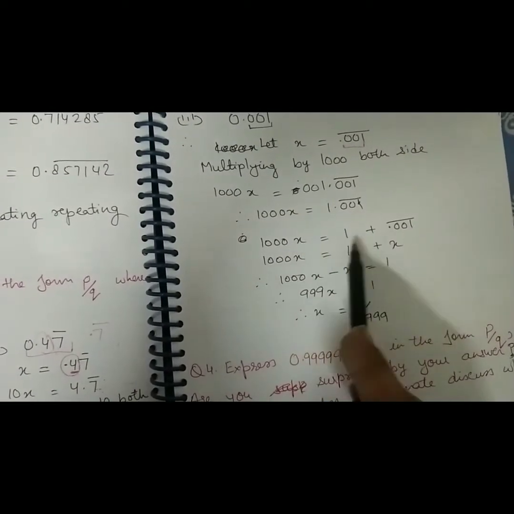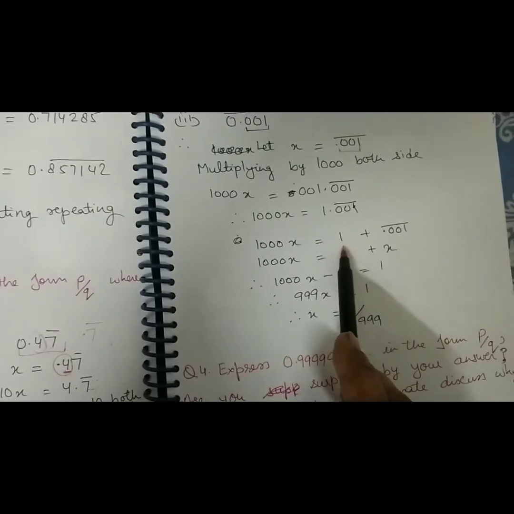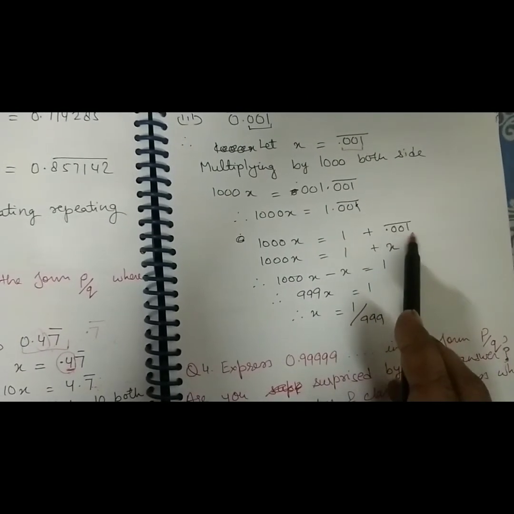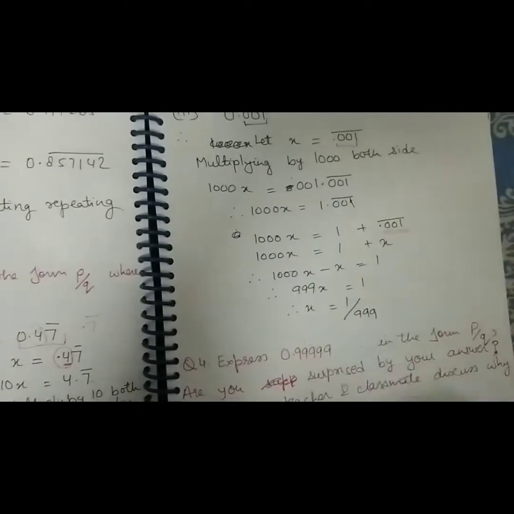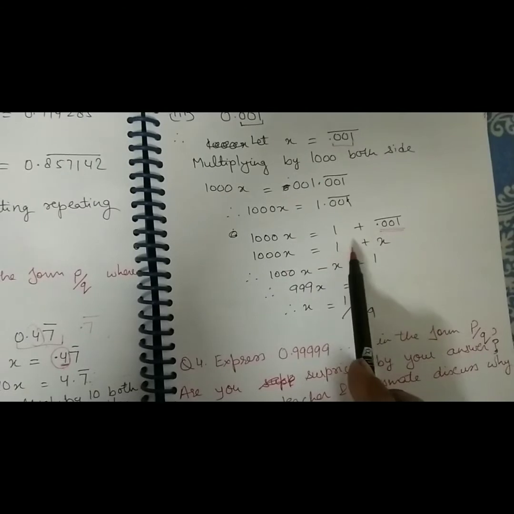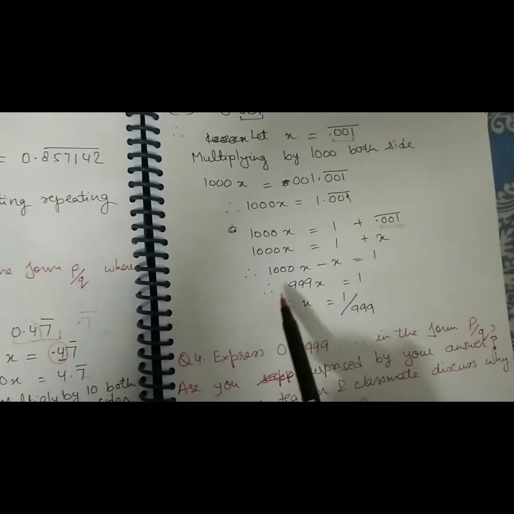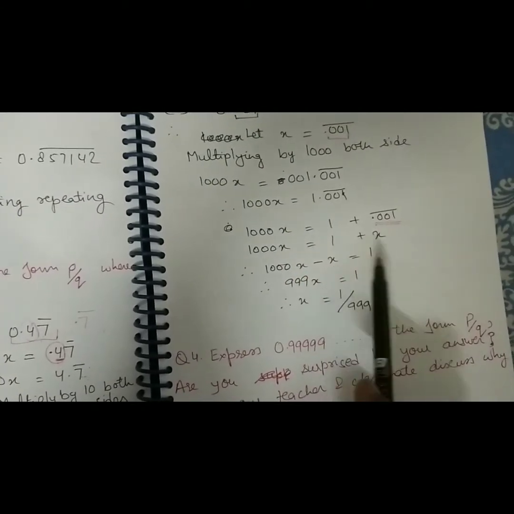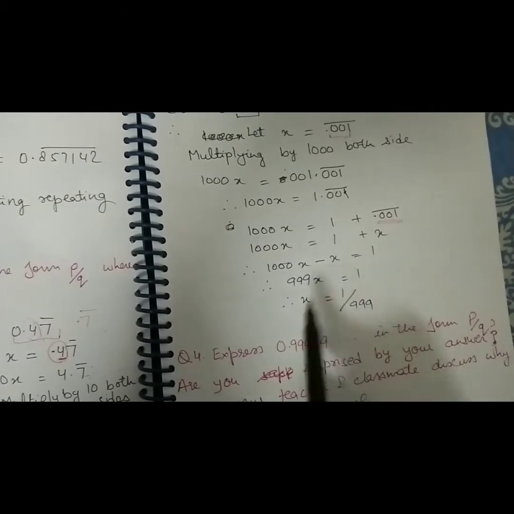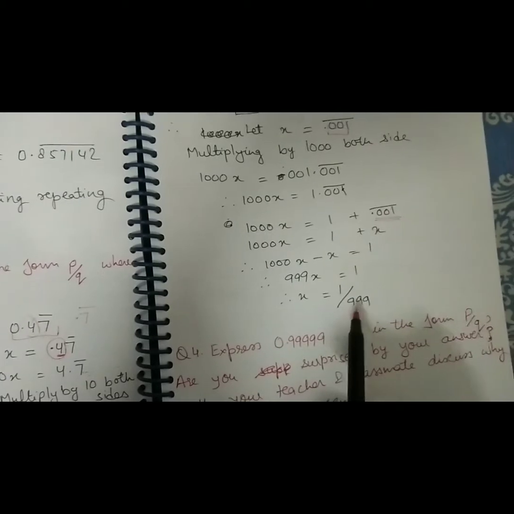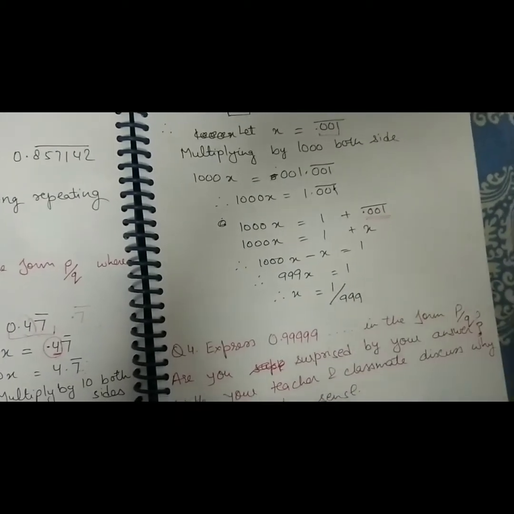So 1000x will be equal to 1 plus 0.001 bar. This value is x. So 1000x is equal to 1 plus x. Therefore 1000x minus x is equal to 1. Therefore 999x is equal to 1. Therefore x is equal to 1 by 999.